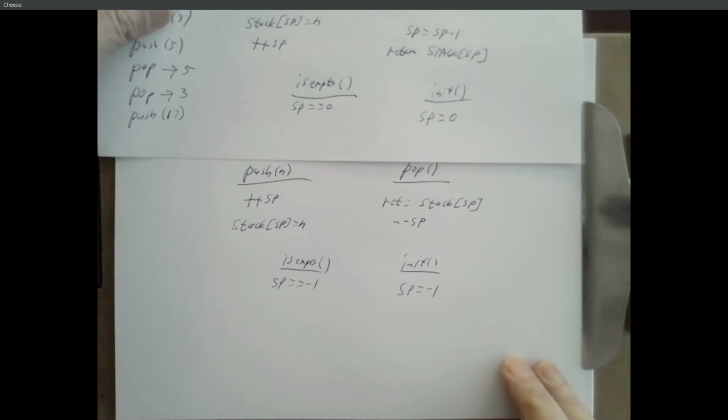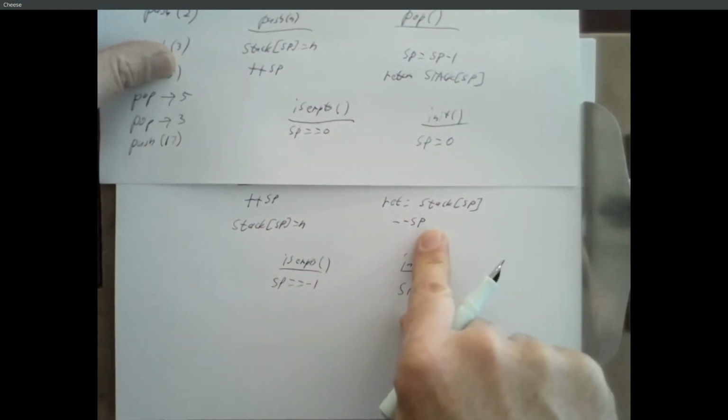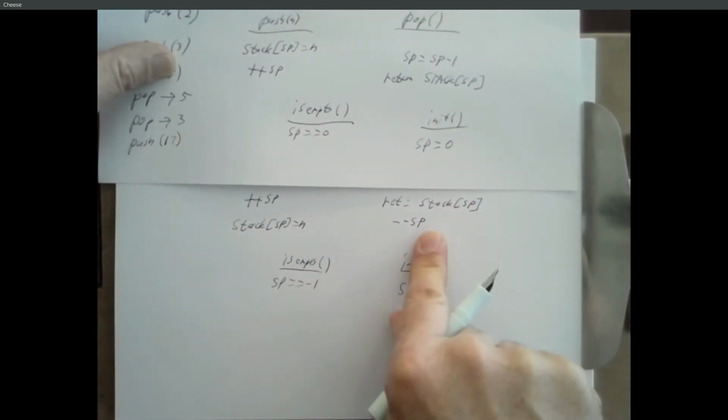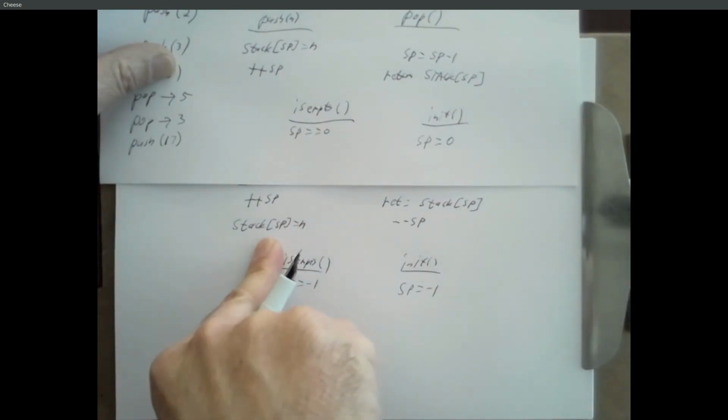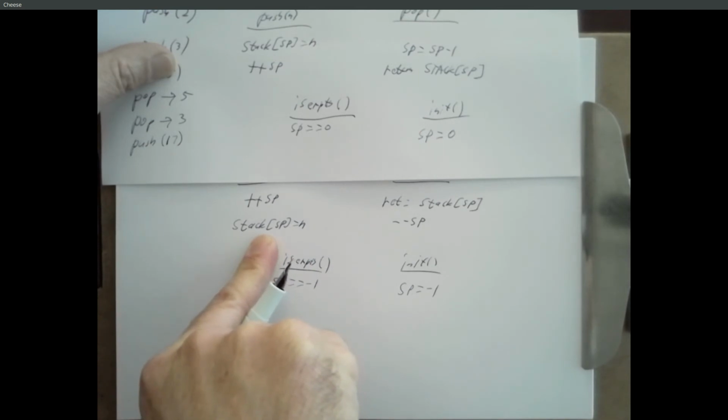So pretty similar to what we were doing, right? Our push was this, now our push is that. Our pop was this, now our pop is that. And the terminology is post-increment, pre-increment, right? Increment SP before we use it.